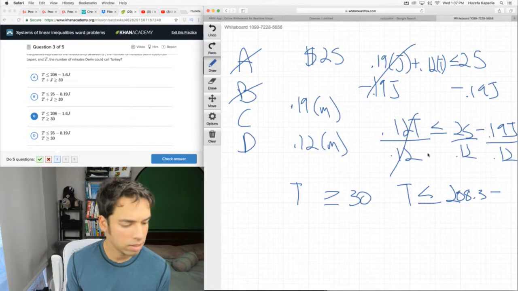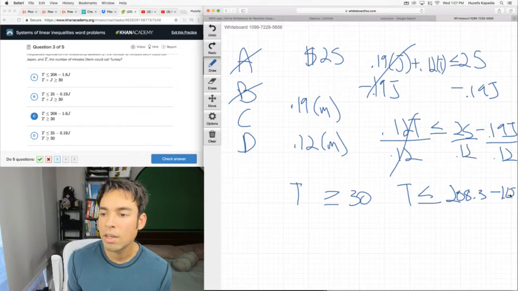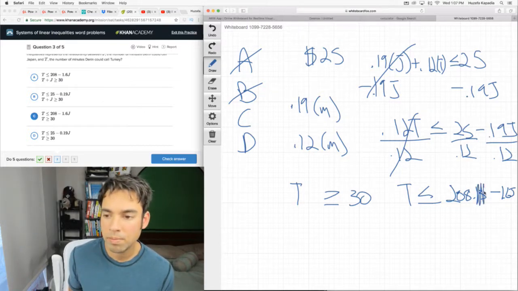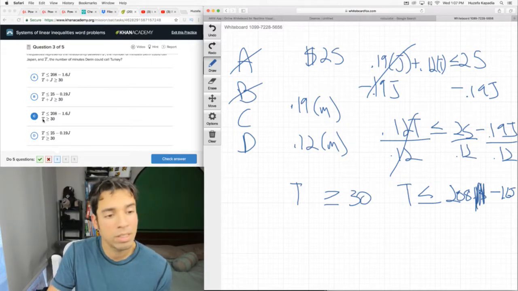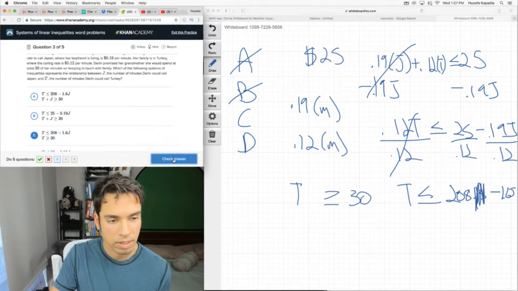So they're rounding, I guess. 1.6J, and there we go. Rounding like this, because they're rounding to the nearest minute. So it's 208 minus 1.6J. You can see C is right, but C seems really weird when you first look at it. That's all they've done. They've isolated T.